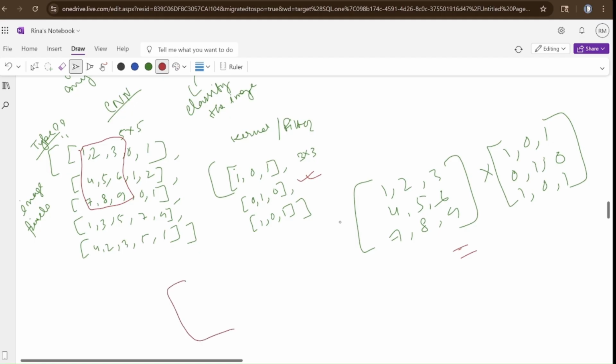So in the result you will have, let's say, x. Okay. Now second, what is done? Second we take, let's say we take this much 3 by 3. We are just sliding it, multiplied with filter, and you get y.